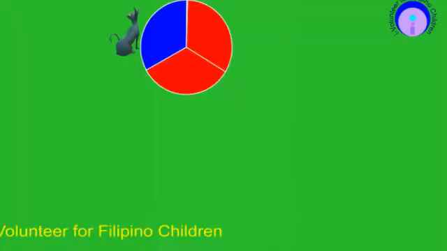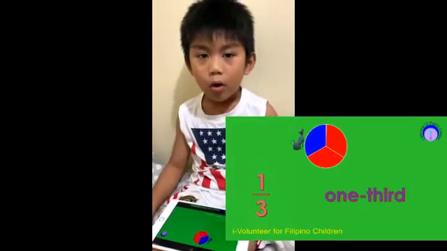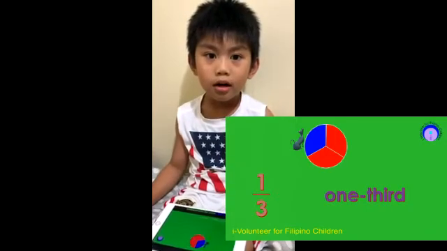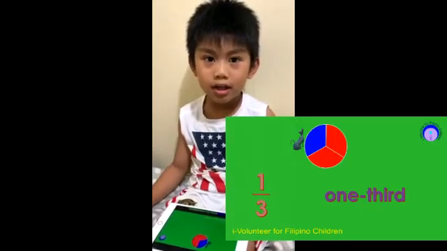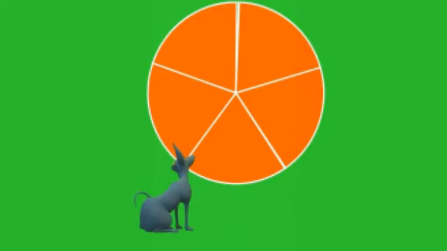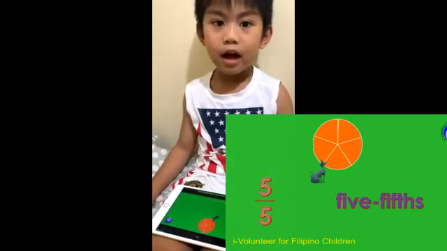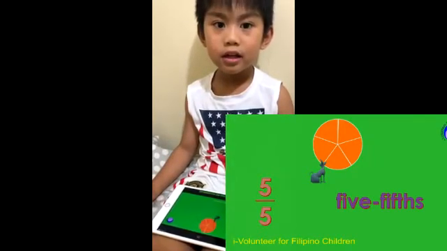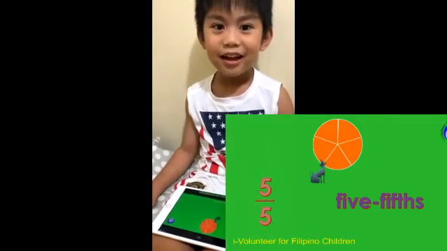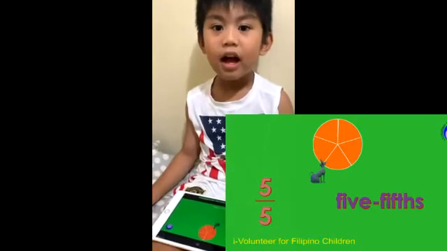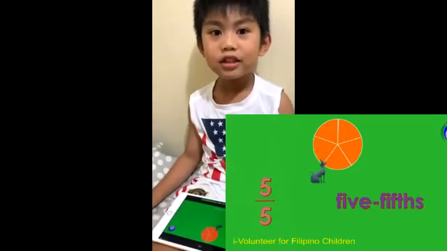The fraction is 1/3. One third. The fraction is 5/5. Five fifths.